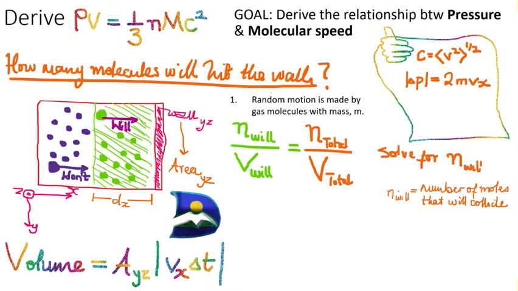To solve for the number of moles that are going to hit the wall, we just cross multiply, and we get the new expression.